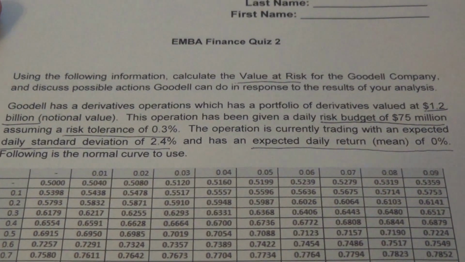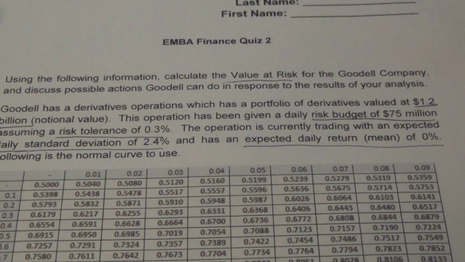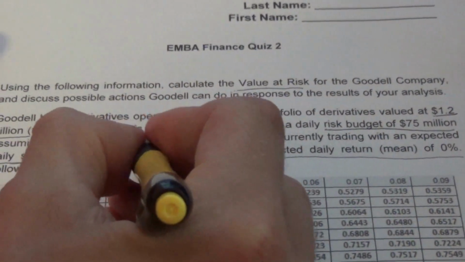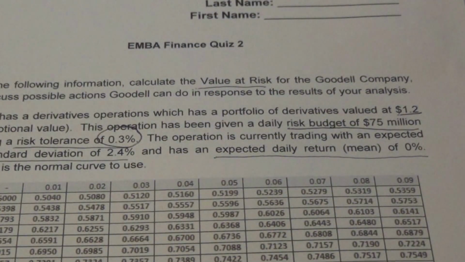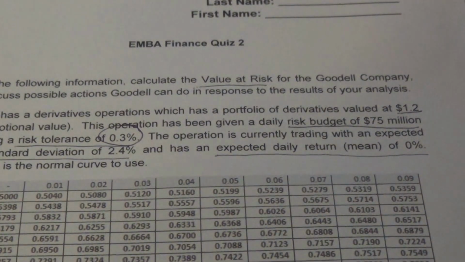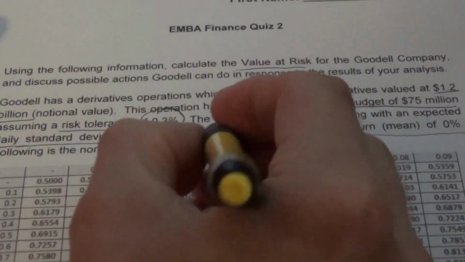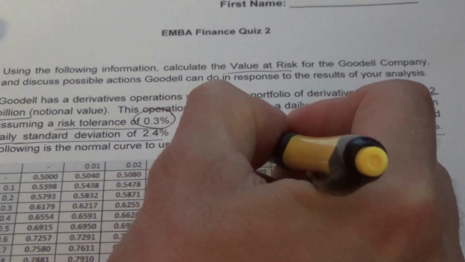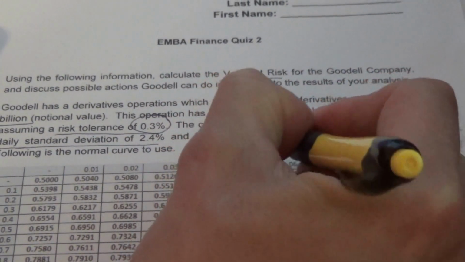Here's the normal table. The first thing we need to do is figure out how many standard deviations a risk tolerance of 0.3% represents. What we're looking for is 1 minus the risk tolerance, converted from percents into a decimal.